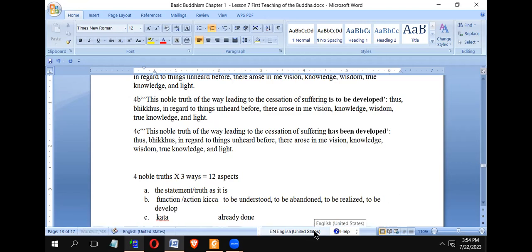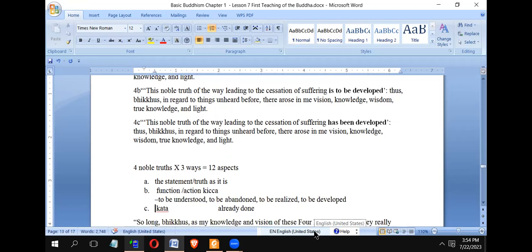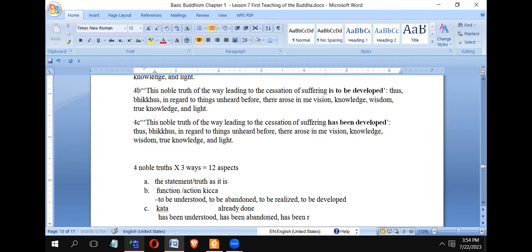And this one is also the same: has been understood, has been abandoned, has been realized.